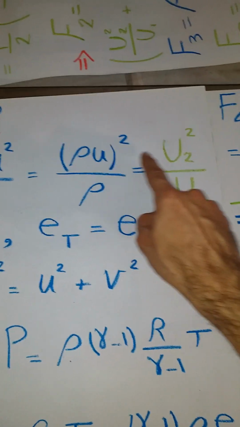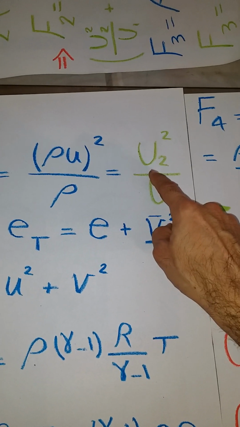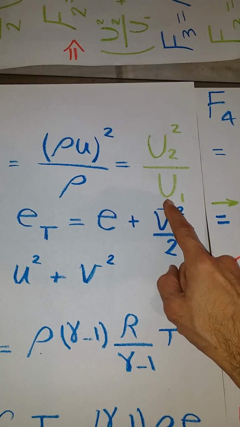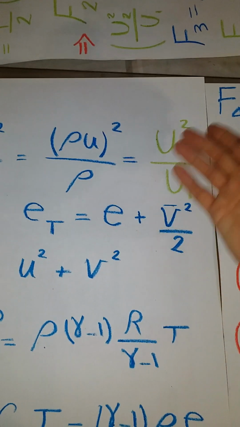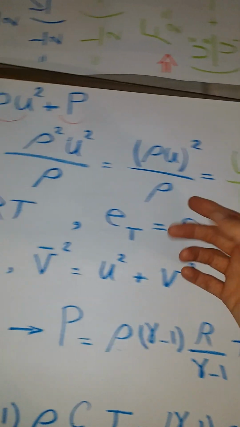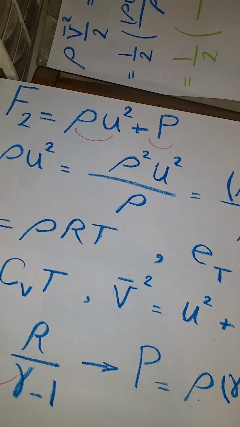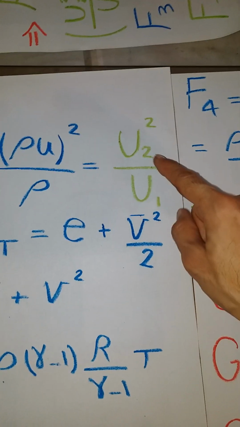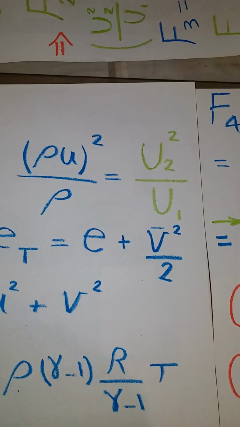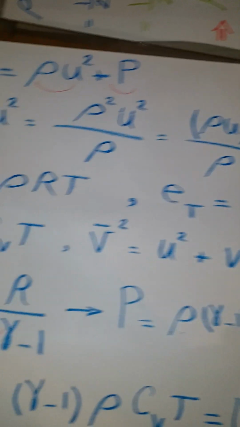Rho U equals U2. And rho equals the first element of U. As you can see, we have found the second element of flux F in terms of conserved variables. Okay?